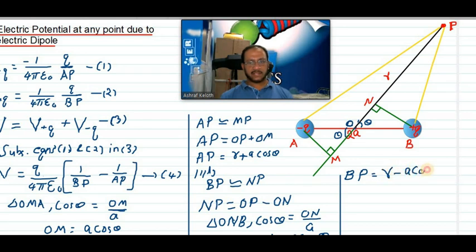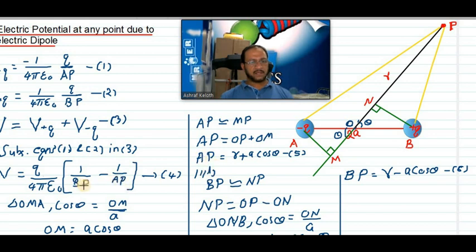The equation AP equal to R plus A cos theta is the 5th equation, and BP equal to R minus A cos theta is the 6th one. Substitute equations 5 and 6 in equation number 4. Instead of BP we put R minus A cos theta, and instead of AP we write R plus A cos theta.